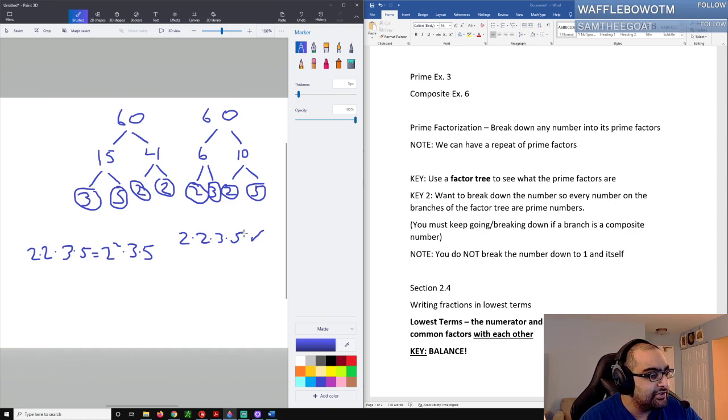So we had, again, the same thing here. Get the same exact factors no matter which combination we go with, as long as we break it down appropriately. Any questions about that?